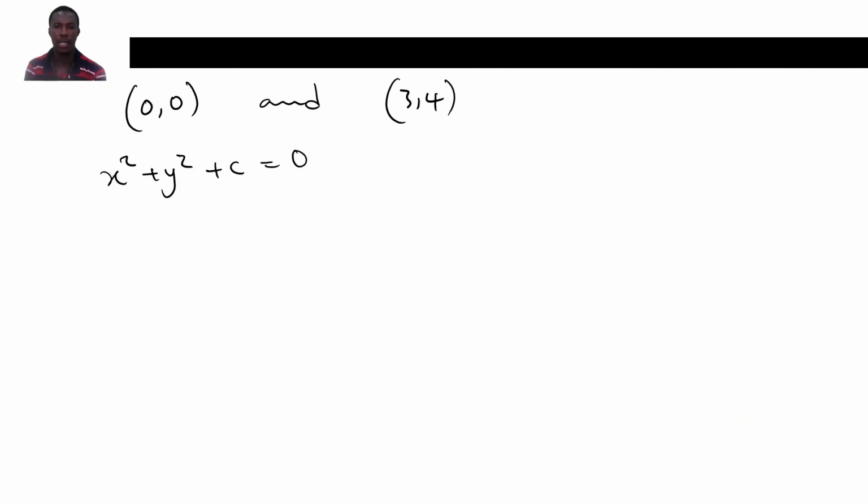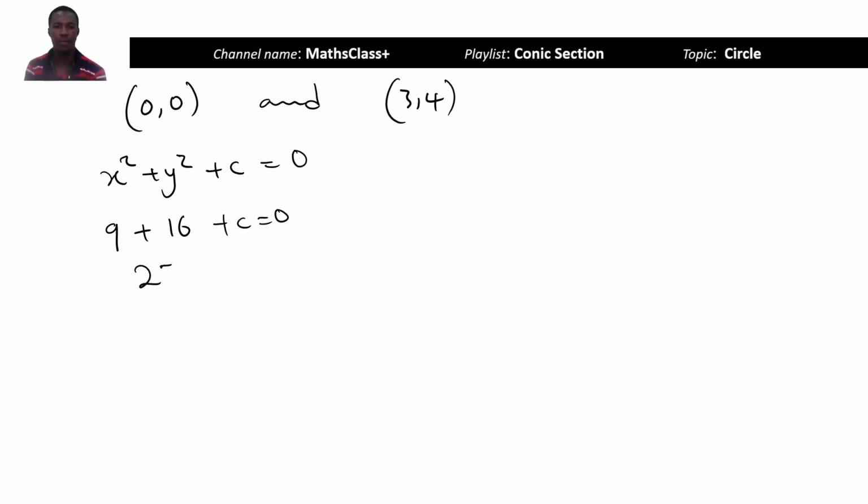Then now I'm going to substitute the point (3, 4). So 3 squared will be 9, and 4 squared will be 16, plus c is equal to 0. And this one is 25 plus c is equal to 0.